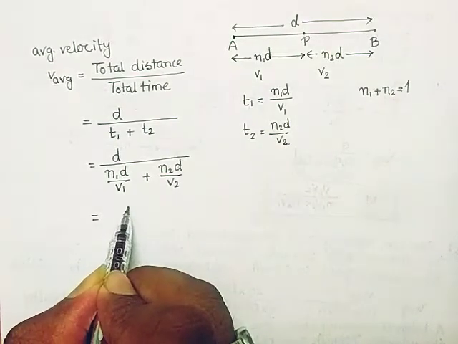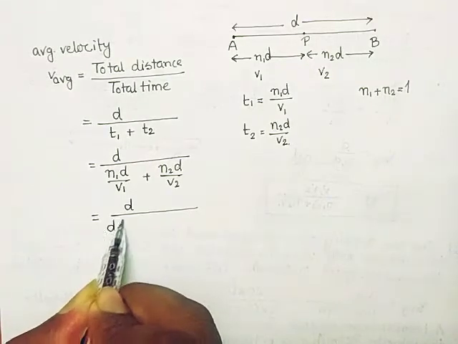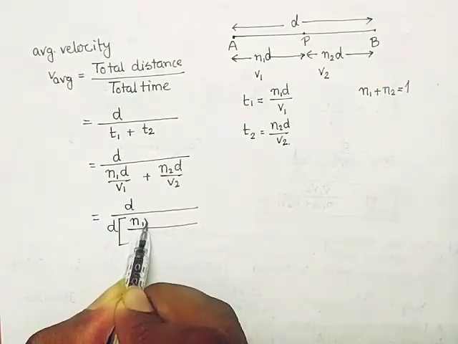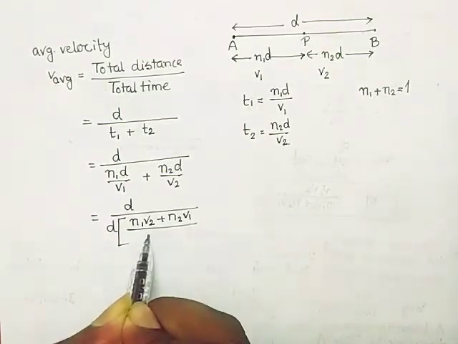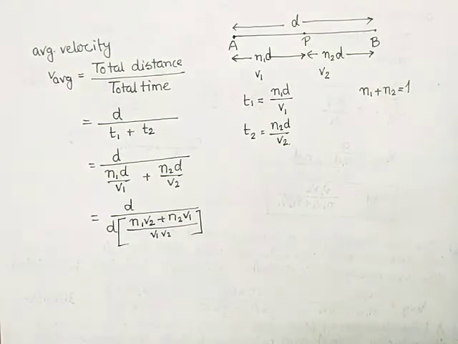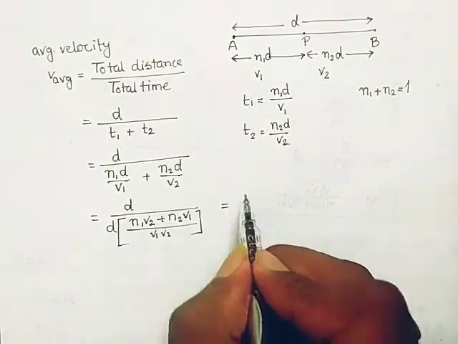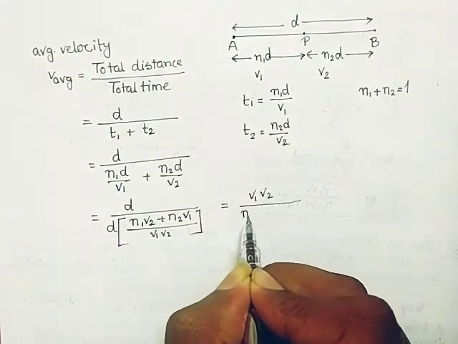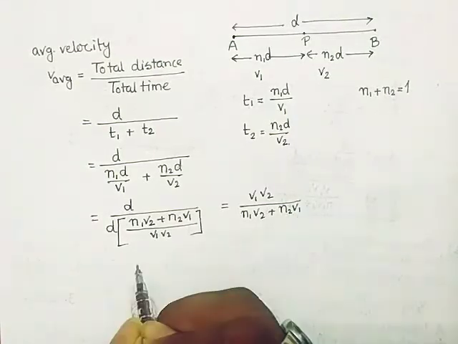So if I do the calculation, d can be taken outside, so it becomes n1 v2 plus n2 v1 over v1 v2. Now the two d's cancel out, and it becomes v1 v2 divided by n1 v2 plus n2 v1.